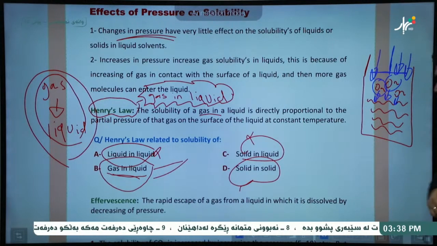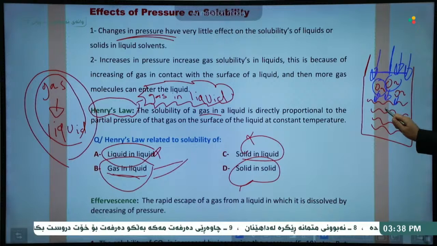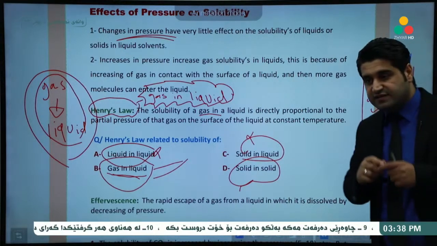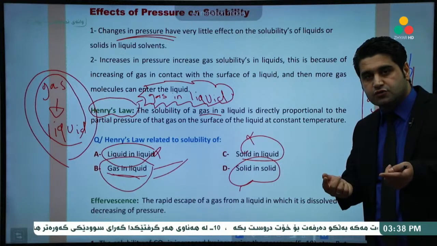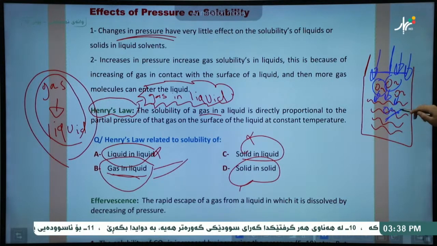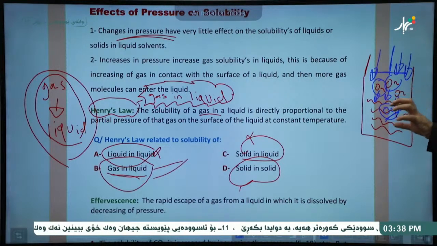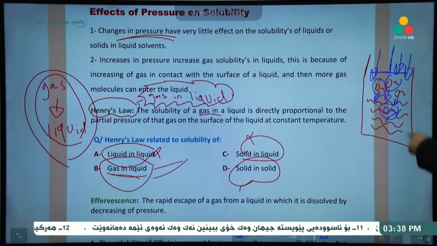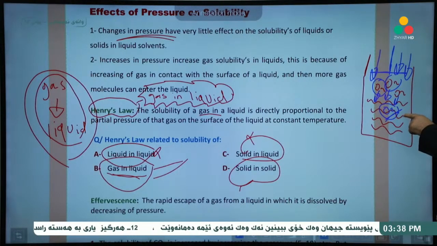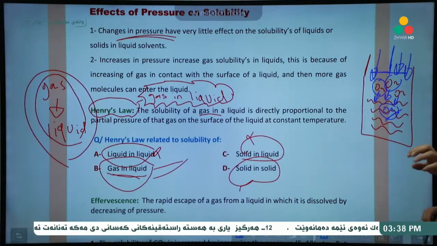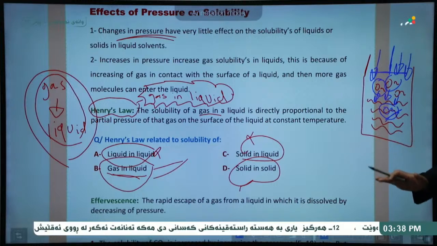When the particles of O2 start entering the liquid, the liquid says, oh, I received some O2 from the outside. Immediately they are arrested by the attraction force of the solvent. So that O2 enters the solvent and is arrested by its attraction force. This process is called the gas dissolving process.